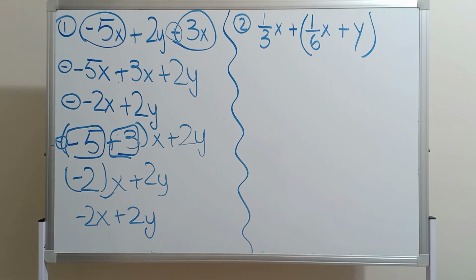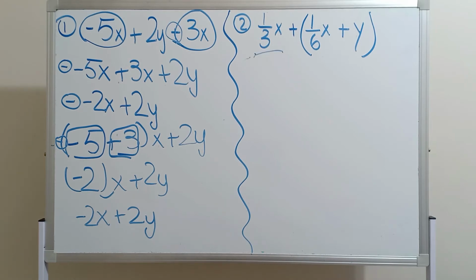Now let's move on to our second question. It says 1/3 x plus, in the bracket, 1/6 x plus y. We can use the associative property, in which we bring those two like terms into a bracket.